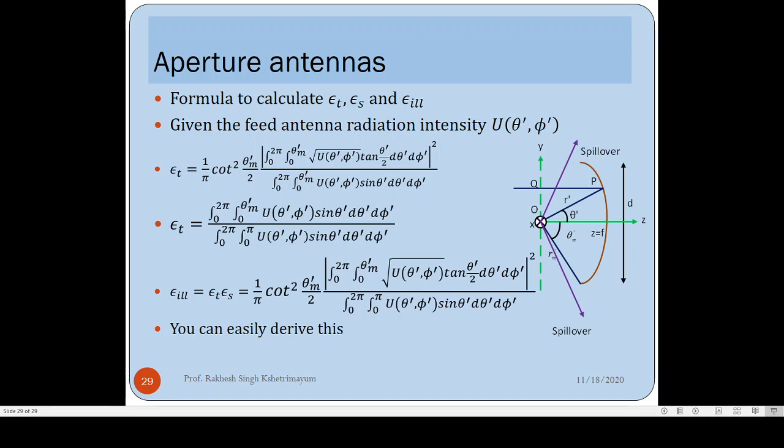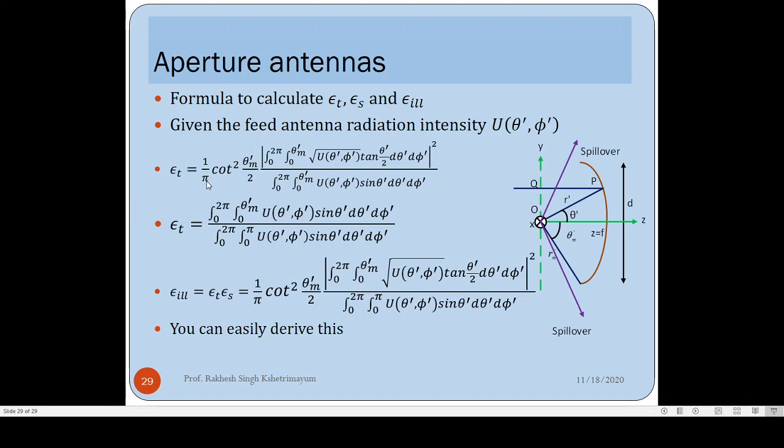You can start with this radiation intensity, find the electric field, and from the definition of the taper efficiency, you can find out what the taper efficiency is. And the final expression has been given here.